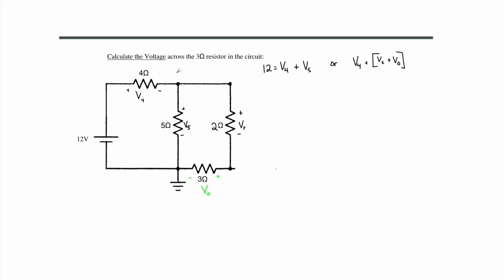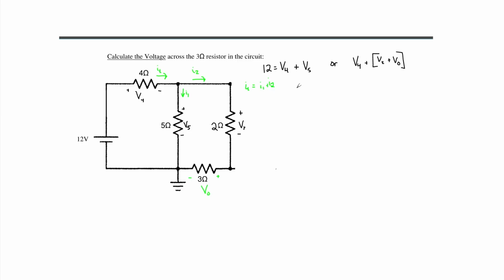Also, we are able to identify our currents of I total, maybe I1 and I2. And we can also write that our I total is equal to I1 plus I2. Now that we have simplified the circuit and outlined our variables, let's try to solve.